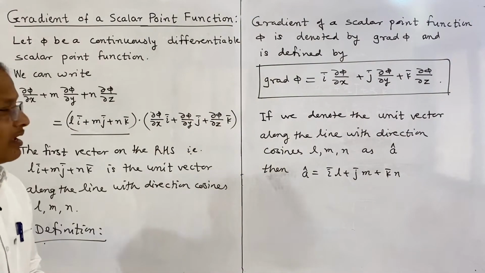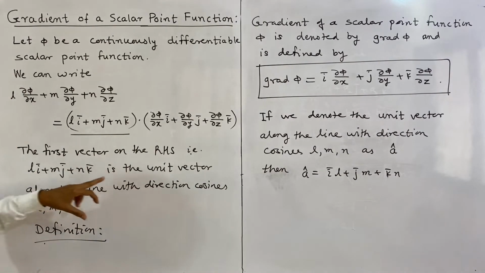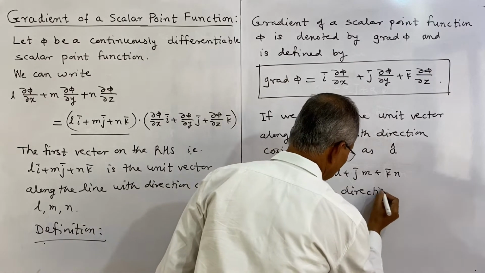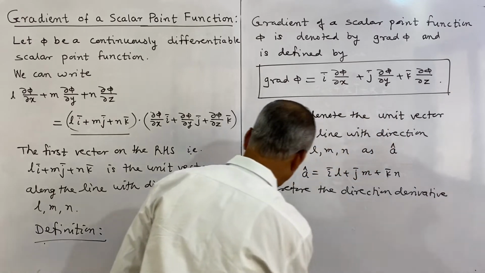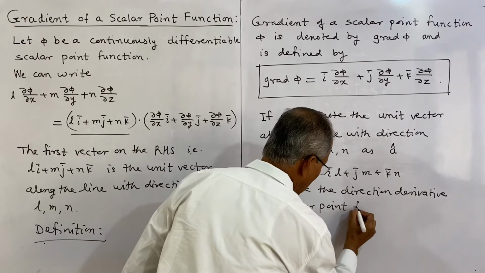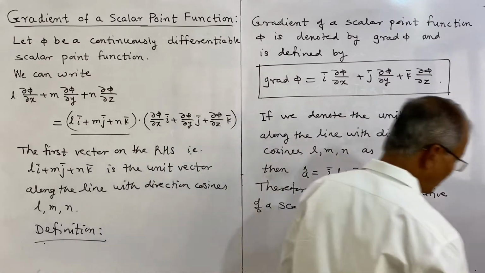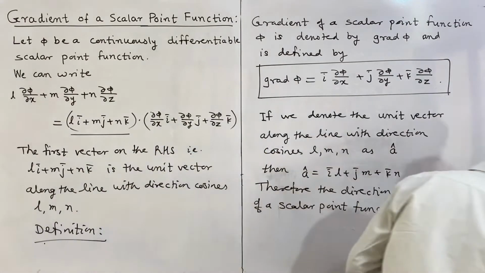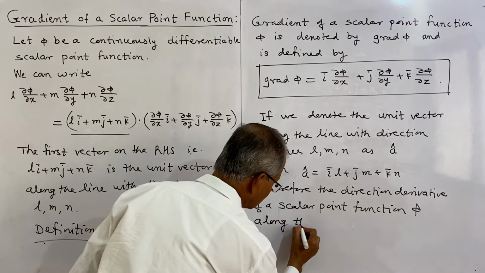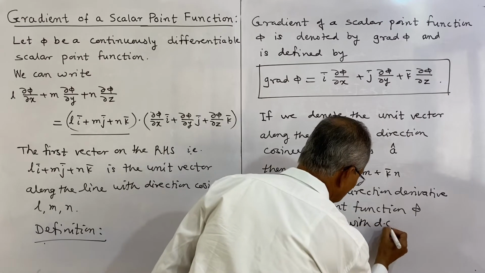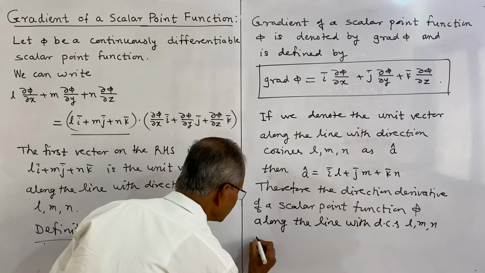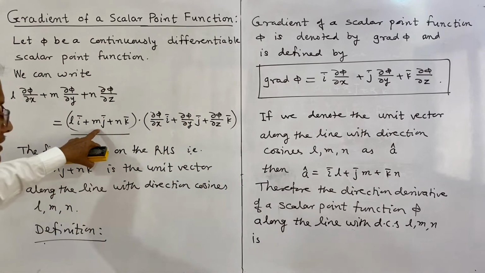What is a cap? A cap is the unit vector, and we have denoted it by a cap, and therefore the directional derivative of a scalar point function phi along a line with the direction cosines, I shall write in short DCS, l, m, n, is that this vector is a cap, unit vector.